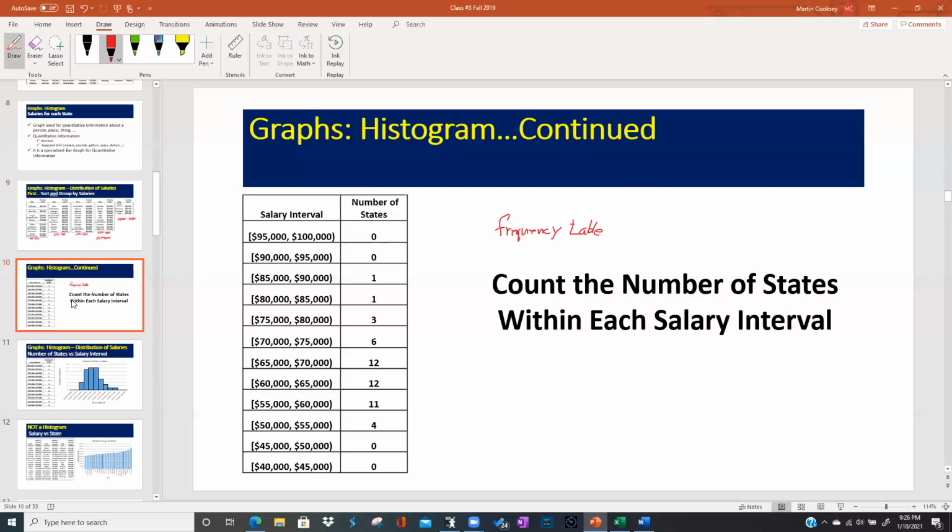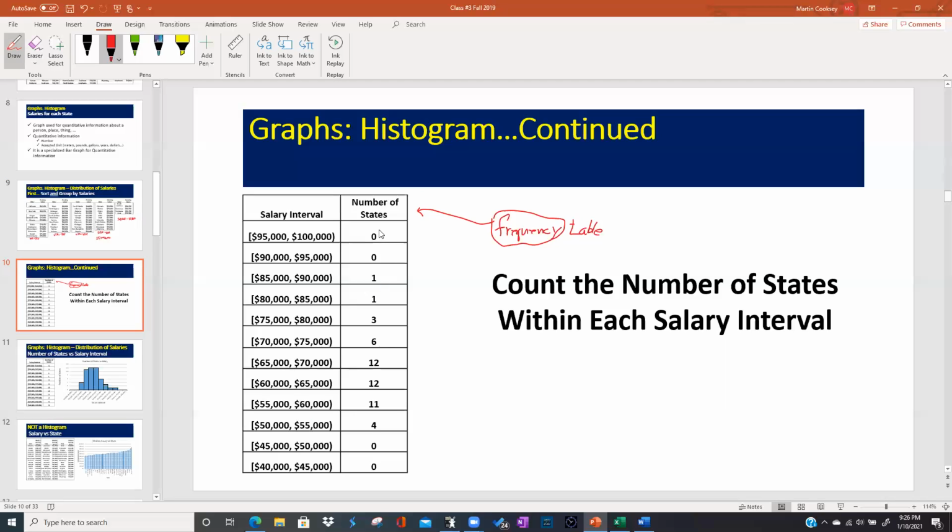So I've gone through and I have the number of states, and the number of states is really just what we call the frequency. How many times did a value from this list fall in this interval? It was at least 70,000 and less than 75,000, and we had 6.